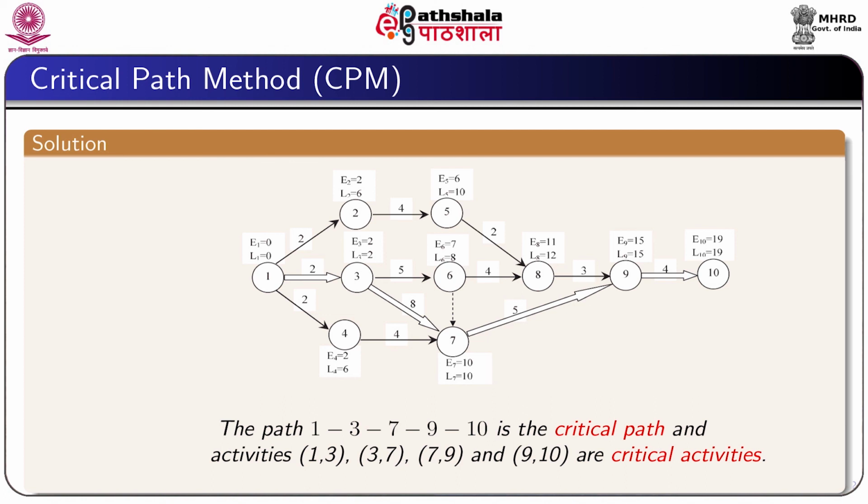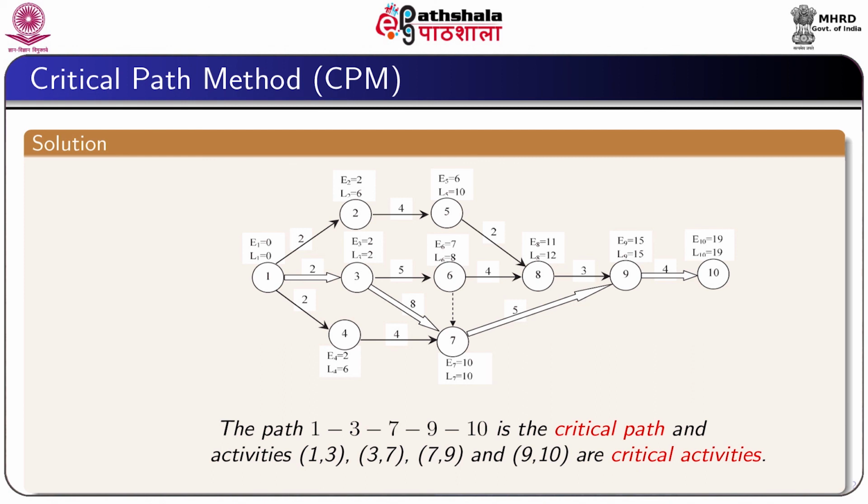When we put these results in the network diagram, we see that the path 1, 3, 7, 9, 10 is where Ei is equal to Li, that means the earliest occurrence time and latest occurrence time are the same.